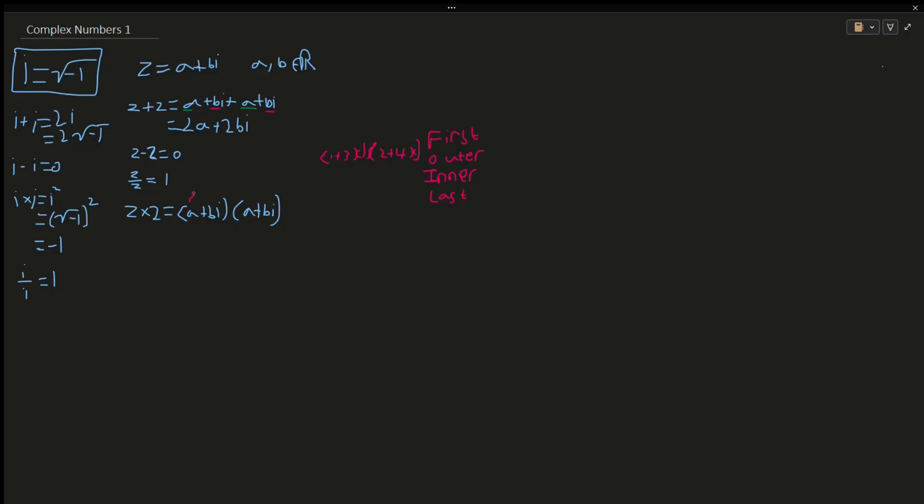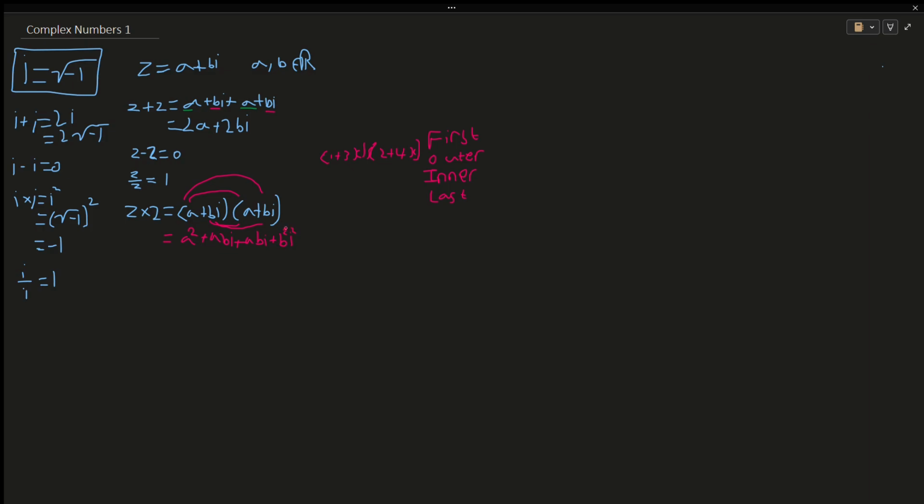The first one would be a times a, and so that would be a squared. Outer, a times bi, so that would be plus abi. Then we do the inner, which is another abi, so plus abi, and bi times bi, which would be b squared i squared, right?